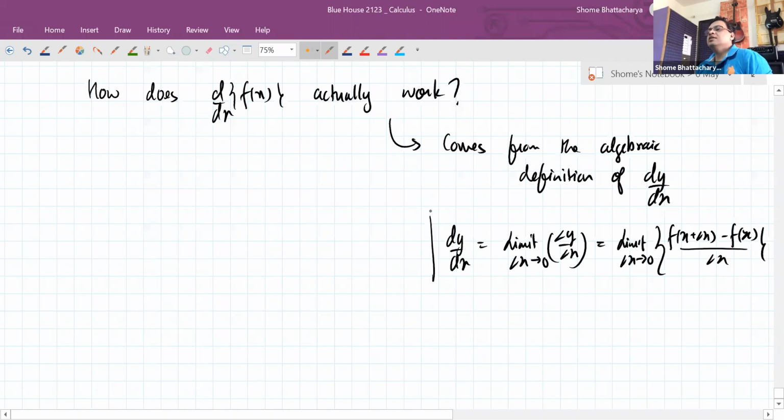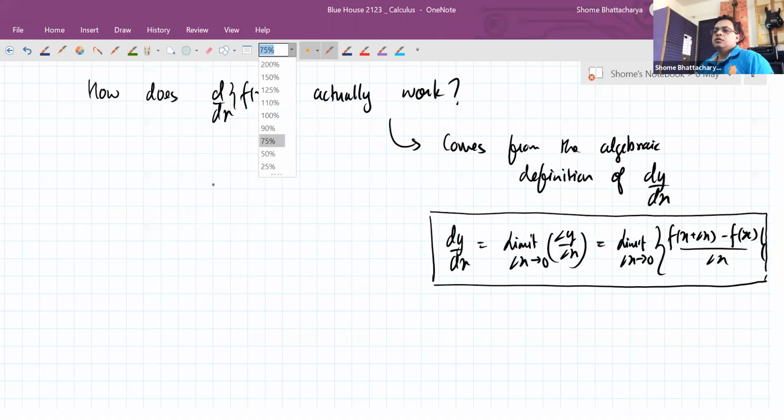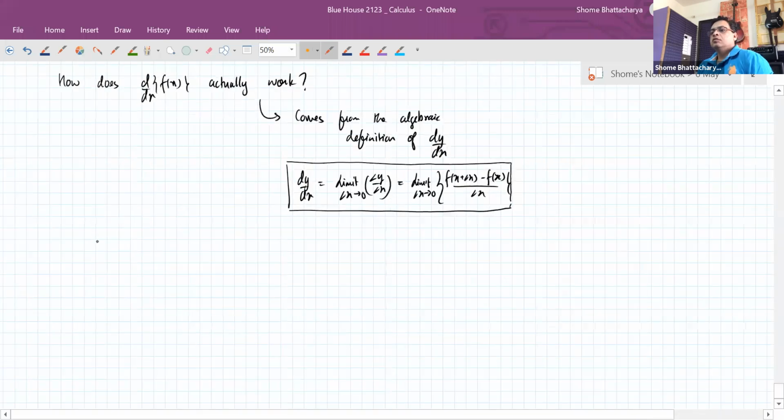Okay, so by applying this definition only, we get all the formulae for the differentiation operator. So, formulae of differentiation.